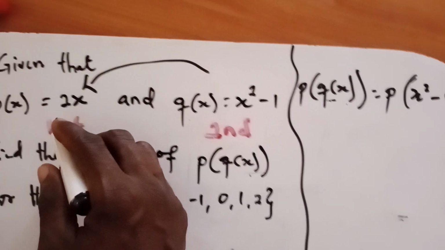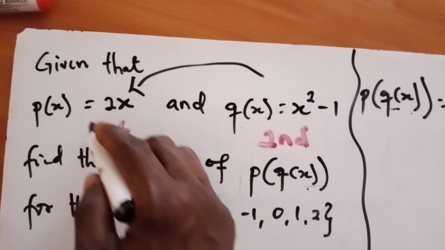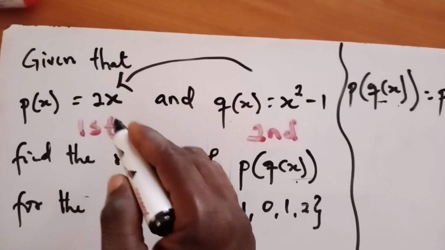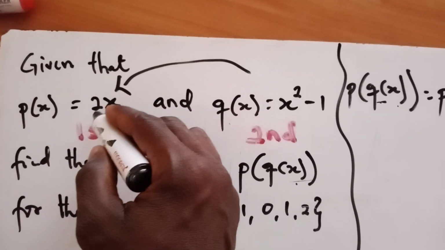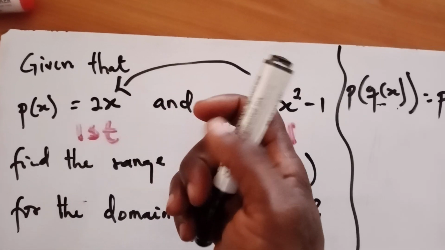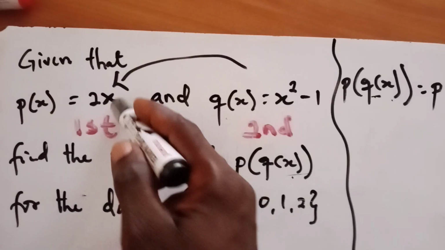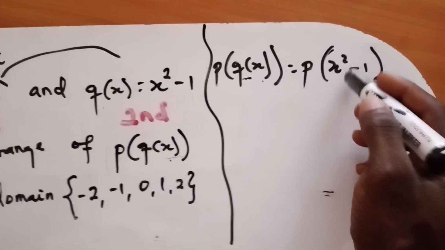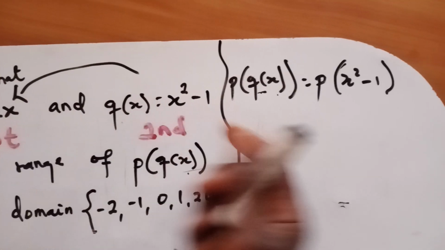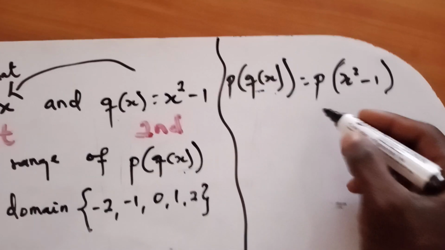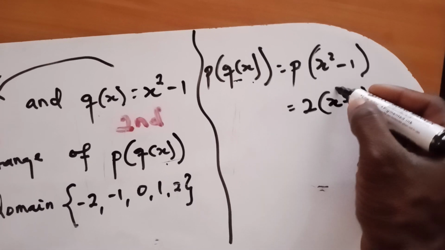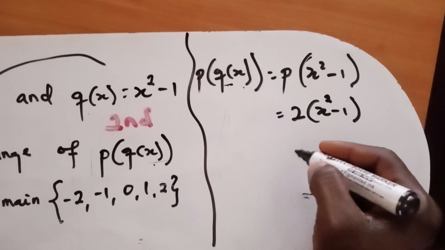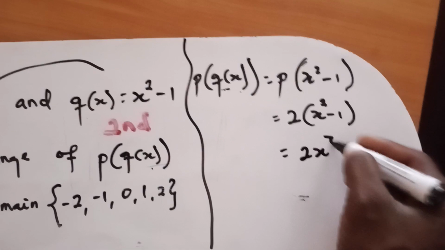This is how the first company determines their charges: 2 of anything that you are using to purchase the item, so 2 of the x. So 2 multiplied by everything in this, that is going to be 2 of s squared minus 1. So this is going to be 2s squared and then minus 2.